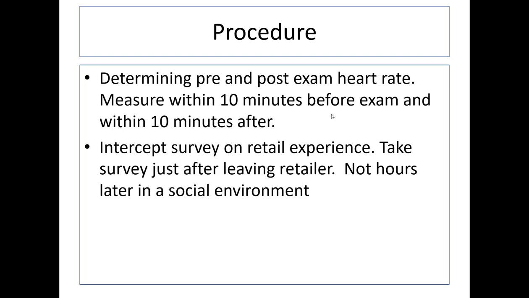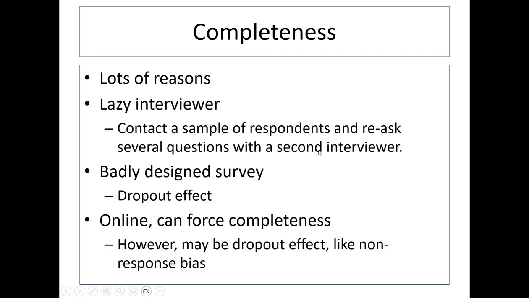And again, imagine we're doing an intercept survey on retail experience. It's only really going to work if we get people's views just after they've left the retailer. If we decide we're going to interview our friends at a bar later on in the evening, hours after, or we're going to be lazy and not wait outside the retailer, and you interview hours later, they've forgotten some details of the retail experience. So again, we're not going to get particularly accurate information.